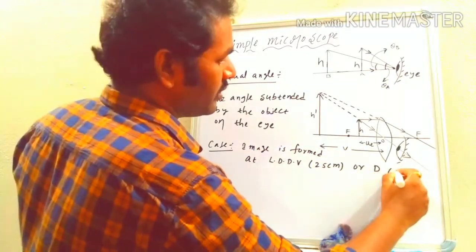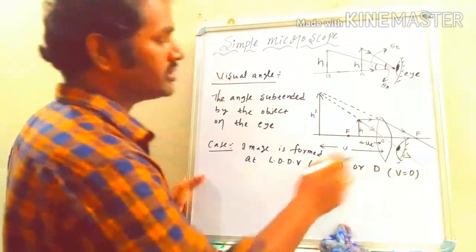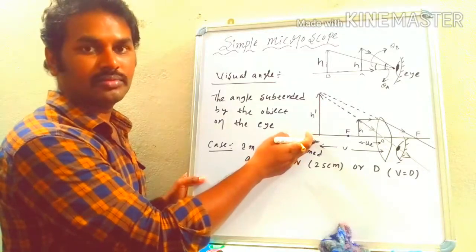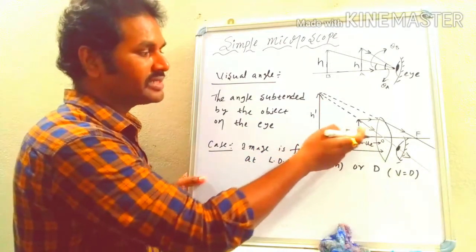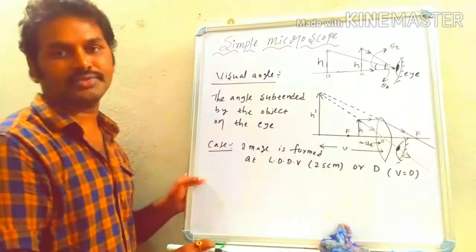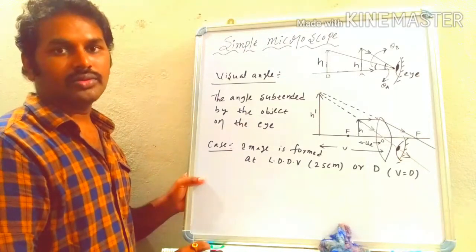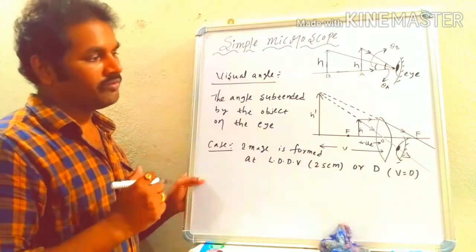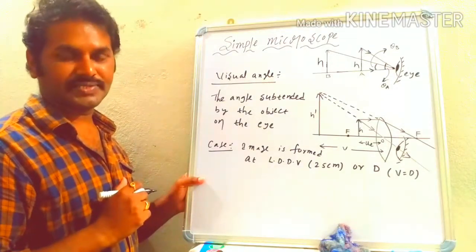Here capital V is equal to D, because we are adjusting the image position by changing the object distance between the optic center and the focus. Now, by using the lens formula, we can find the object distance.